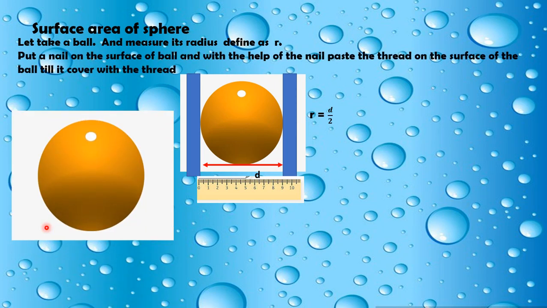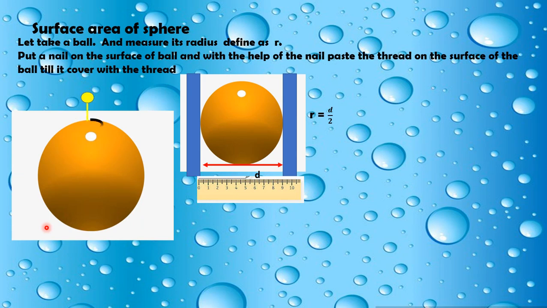Then we put a nail on the surface of the ball, and with the help of this nail we paste the thread on the surface of the ball until it is covered with thread only. So our ball will be fully covered with the thread.